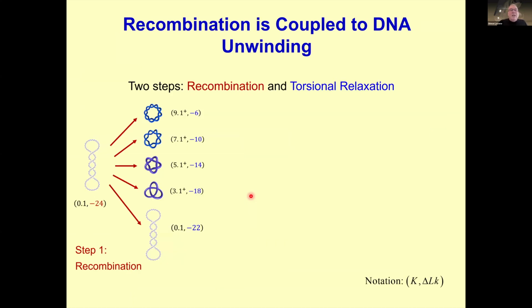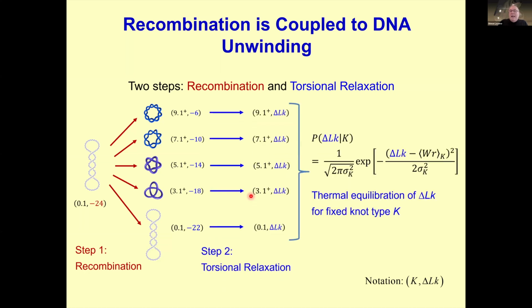So now the notion is that you have recombination and torsional relaxation going on in the same experiment. And that's supported by our data because we do see relaxation of supercoiling. So this would allow for some thermal equilibration of delta LK for a given fixed knot type.